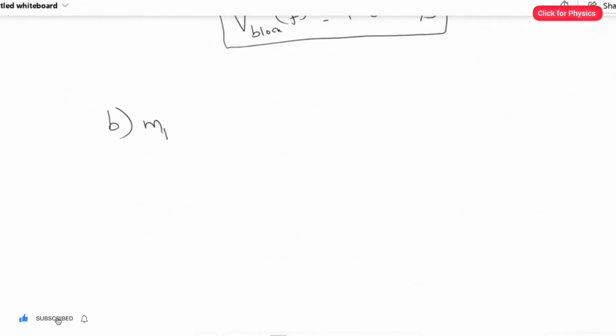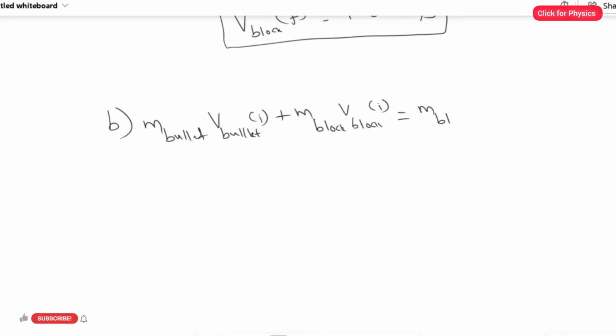Mass of the bullet multiplied by speed of the bullet initial, plus mass of the block multiplied by speed of the block initial, which is equal to mass of the block plus mass of the bullet together for the speed center of mass.